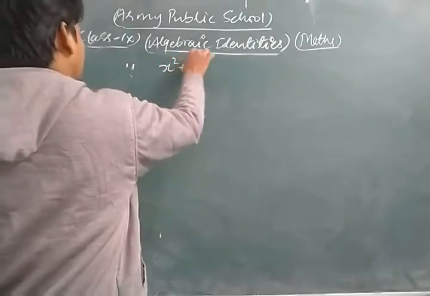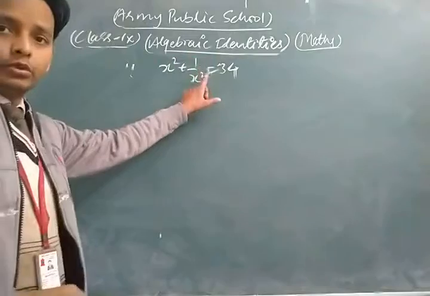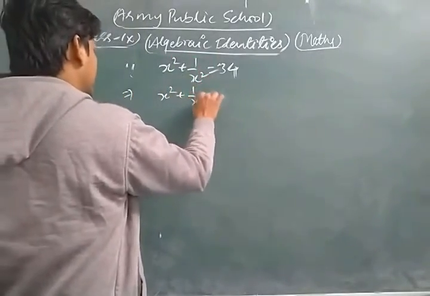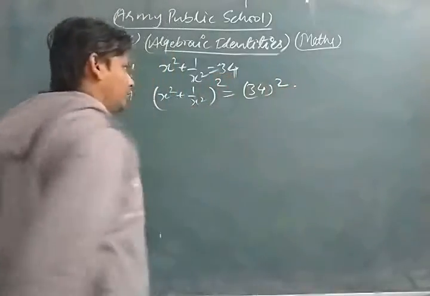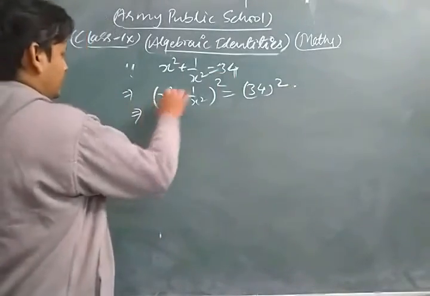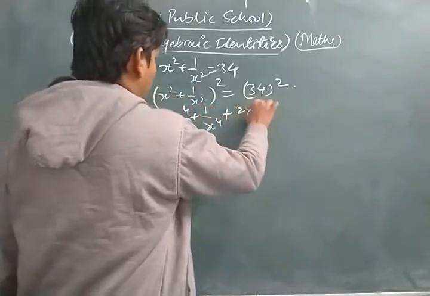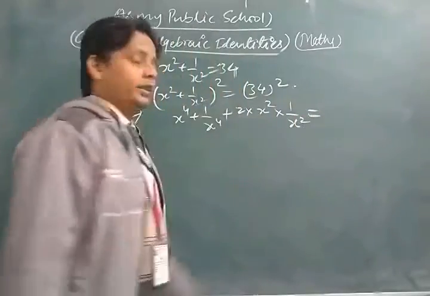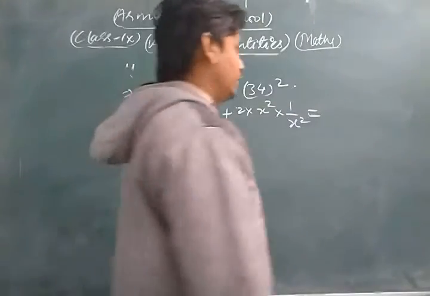Since we have x square plus 1 upon x square equal to 34, again squaring both sides means a square plus b square plus 2 into a into b is equal to 34 square.